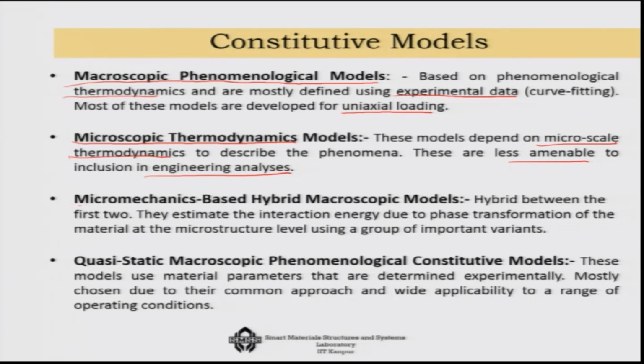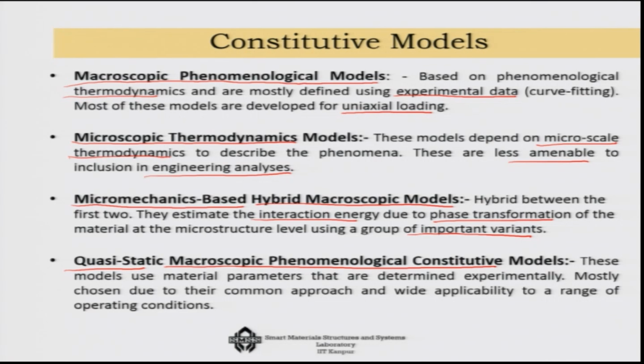There are also some micromechanics based hybrid macroscopic models. These are in between macroscopic and microscopic thermodynamic models. They estimate the interaction energy due to phase transformation of the material at the microstructure level using a group of some important variants and then include that effect at the macroscopic level. There is also another group which is called quasi static macroscopic phenomenological constitutive model.